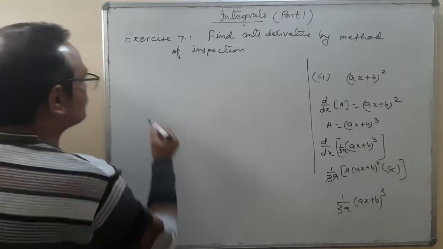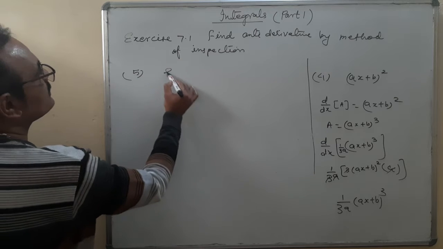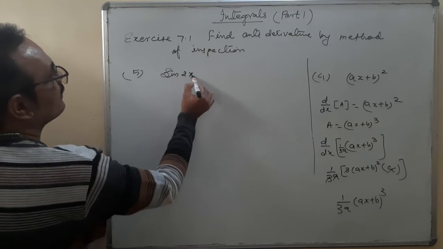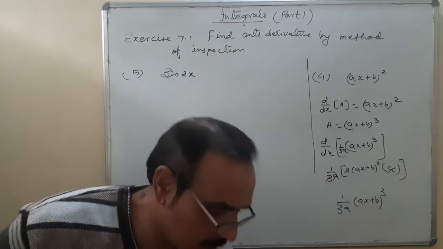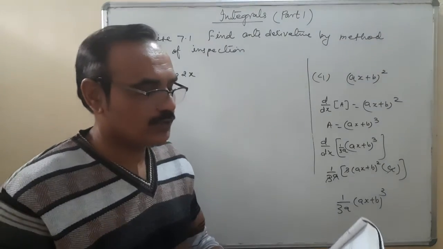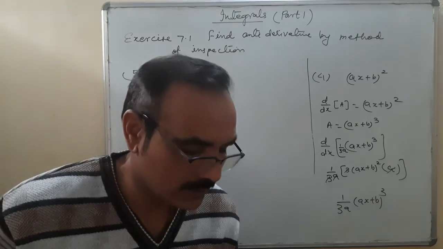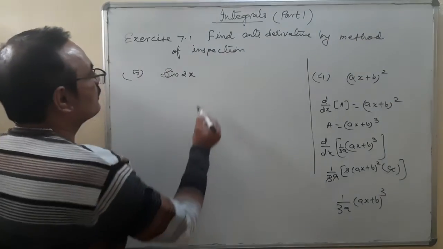Sin 2x, fifth question. Sin 2x minus 4e to the power 3x.